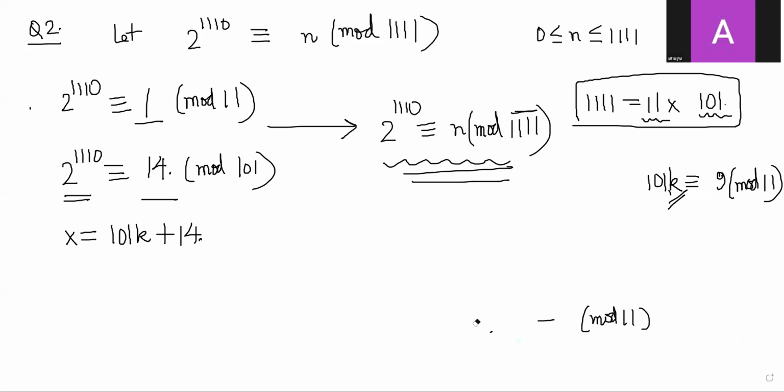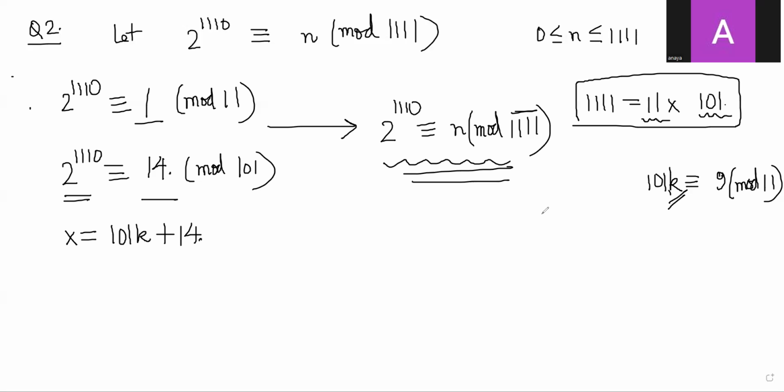Because the direct way from this side is going to take too long. We will say K is 0 mod 11, then 101 is not 9 mod 11. So K cannot be 0 mod 11.